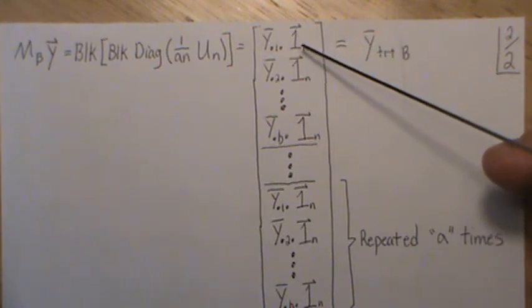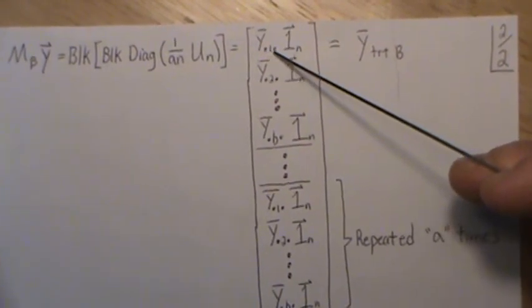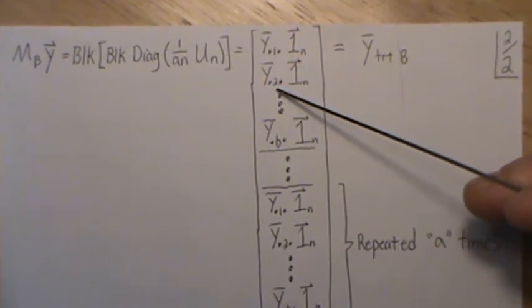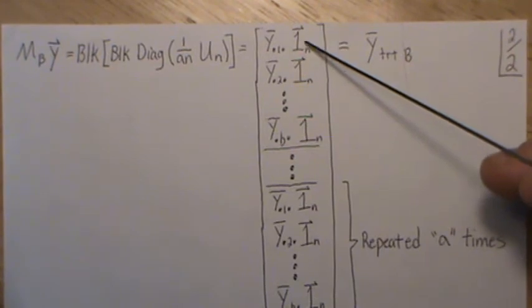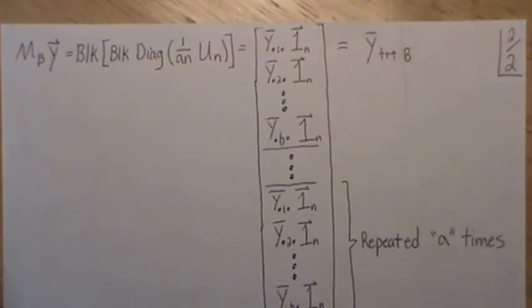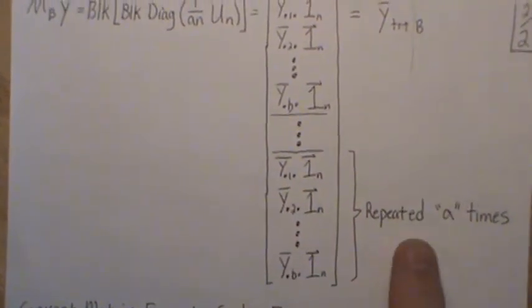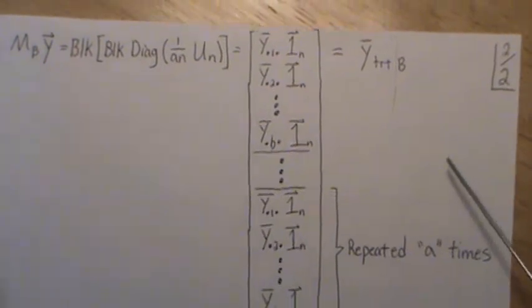And so here, this is the mean for level 1 of factor B, level 2 of factor B, the mean, and then of course it's constant or one vector. And then this repeats all the way down. It's repeated A times. And then that's the format of this vector.